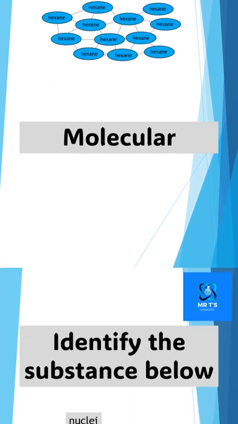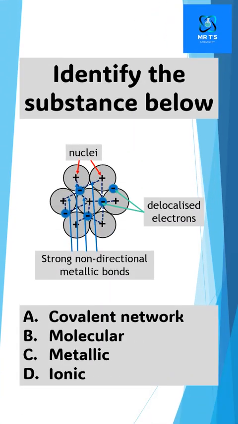Identify the substance below. Right, in this picture here, we can see they've shown us part of the substance. They've drawn the atoms and given a bit of detail. There are nuclei, the positive nuclei in the atoms, and negative delocalized electrons. They have strong non-directional metallic bonds between the positive nucleus and the negative electrons.